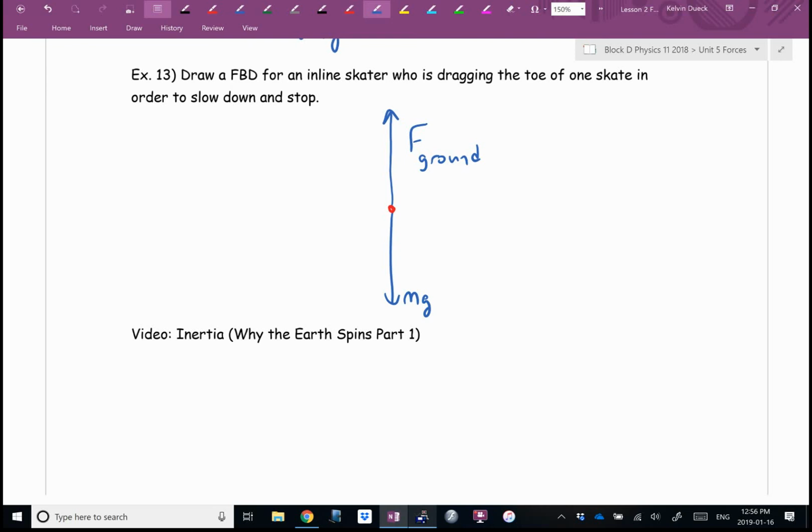What else? Well, are we speeding up or slowing down? Let's assume we're traveling to the right, because that's my default, just so all of our pictures look the same. So if we're traveling to the right and we're slowing down, what direction are we accelerating? Left. Which way must there be an unbalanced force pointing?